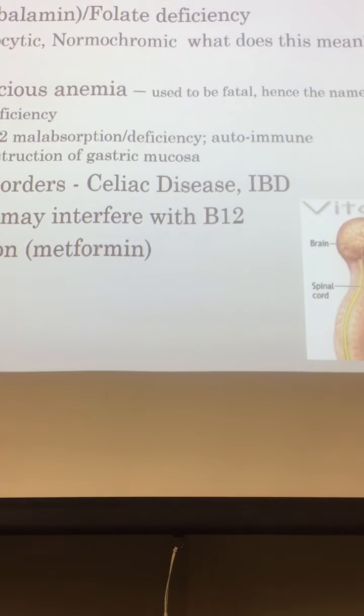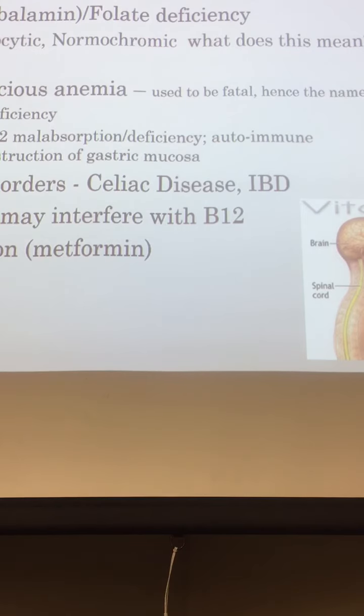Okay? Now, if you have a macrocytic, as in really big, anemia, megaloblastic means the same thing. Sometimes you'll hear these macrocytic anemias referred to as megaloblastic anemias. But when you hear that, you're pretty much talking about 2 kinds of anemias.